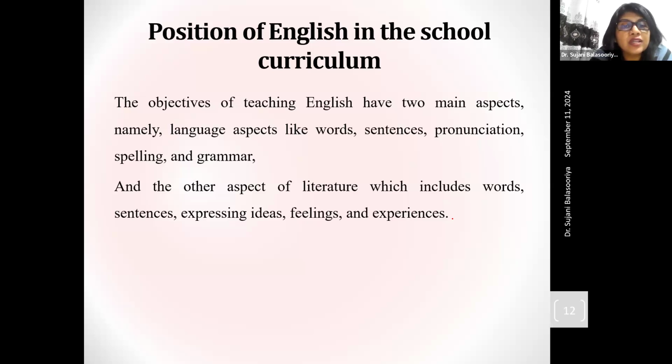The objectives of teaching English have two main aspects: language aspects like words, sentences, pronunciation, spelling, grammar, and the other aspect, literature, which includes words, sentences, expressing ideas, feelings, and experiences. Just read these two aspects again on your own and see whether you catch the idea. We talk about the objectives of teaching English, right?